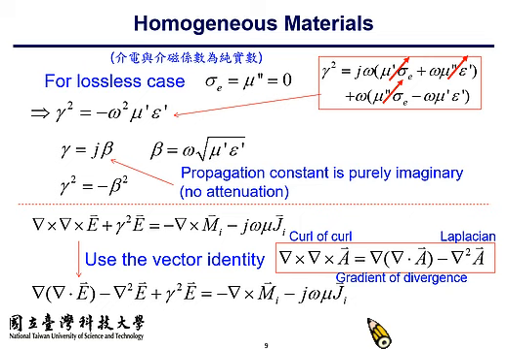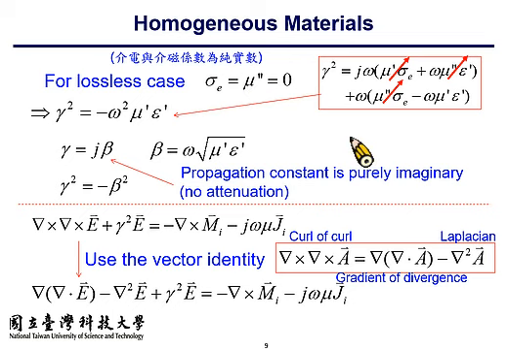So let's assume that the material is lossless, which means the permittivity is a real number, and the permeability is also a real number. So the conductivity within the material, sigma e, equals 0, and the mu double prime term equals 0 as well.